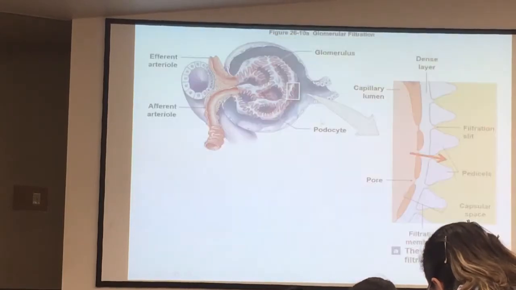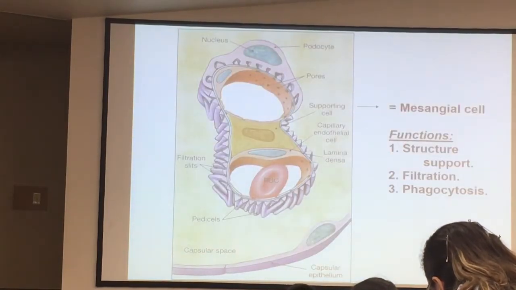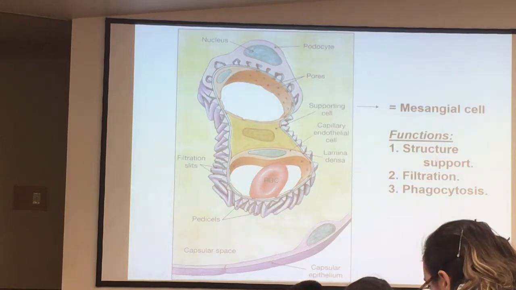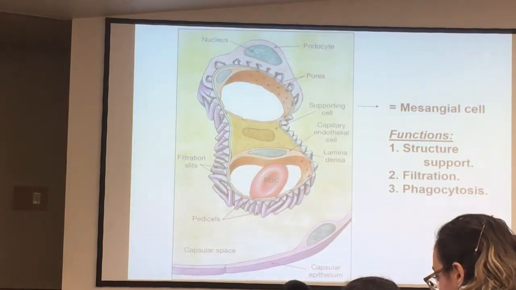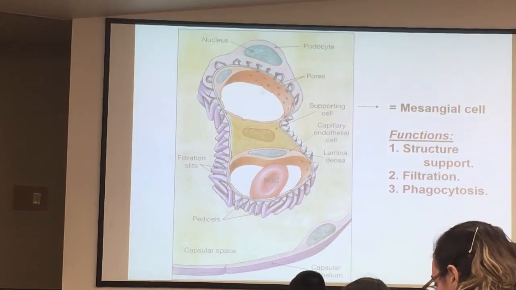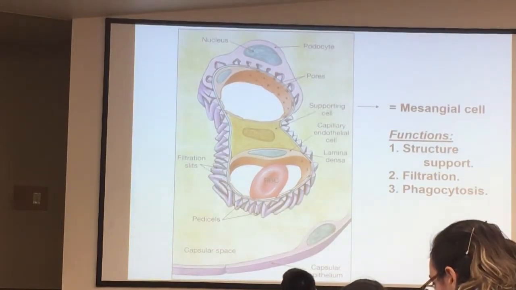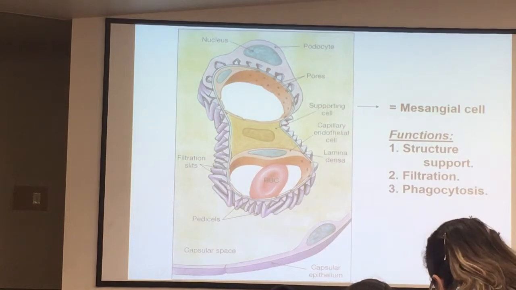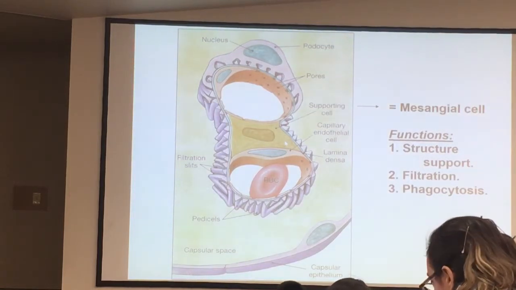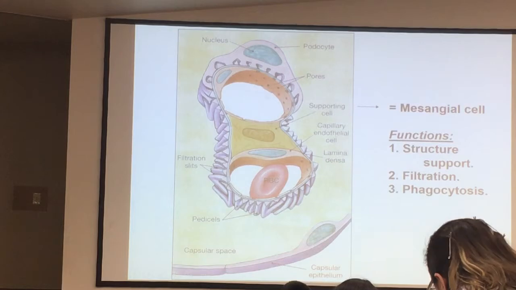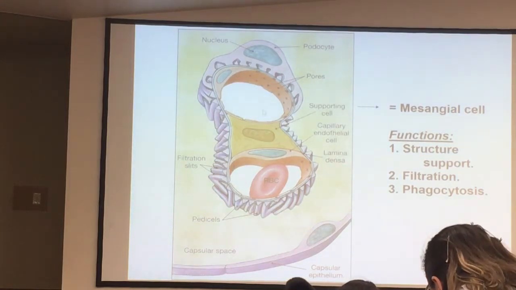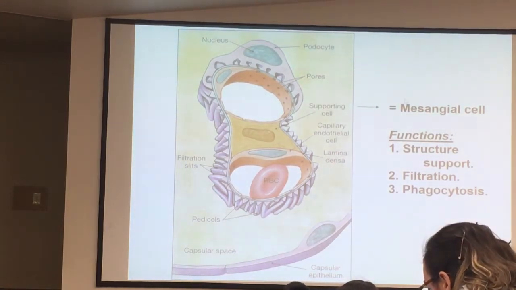What's the function of this cell? This cell can support the structure of the blood capillary and help the filtration, because when it contracts, it can squeeze more fluid out from the blood capillary. It also has phagocytosis. It can swallow some bacteria or viruses, so that's a very good cell. When it contracts, it reduces the capillary diameter, and so more fluid comes out.